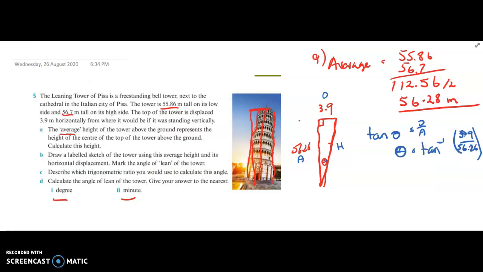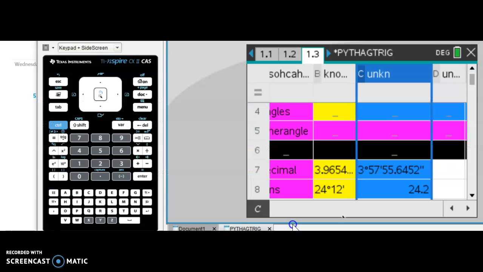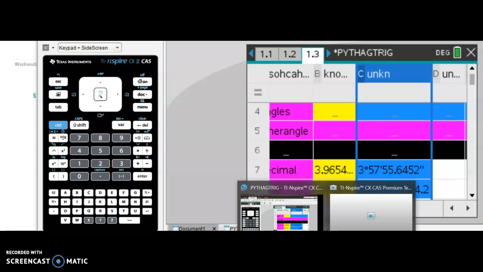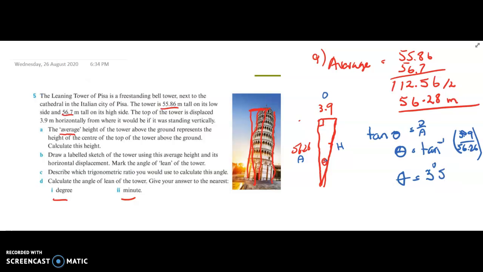So the answer is theta to the nearest degree. Let's put 3 degrees, 57 minutes, 55 seconds.